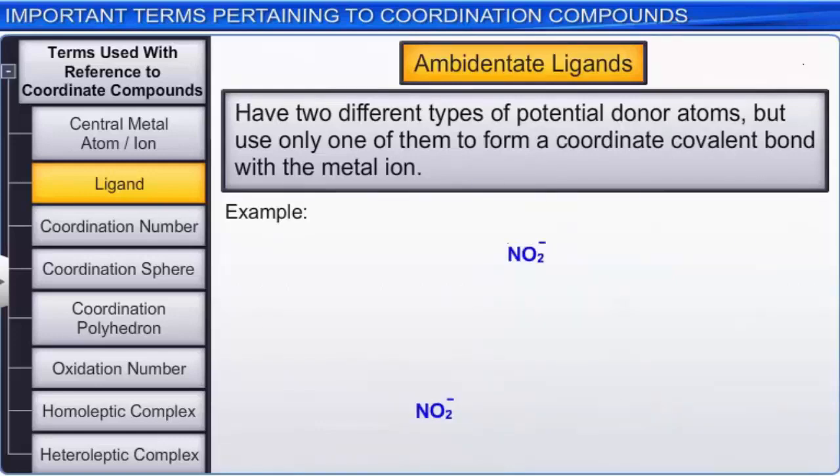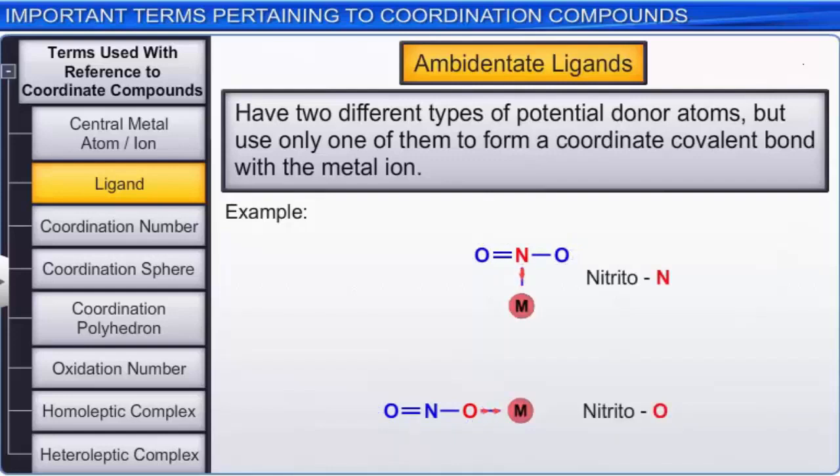You could see the difference. In nitrito-N, the metal ion is directly linked with the nitrogen. In nitrito-O, the metal ion is directly linked with the oxygen, right? So it is an ambidentate ligand. The nitro group is an example of an ambidentate ligand.